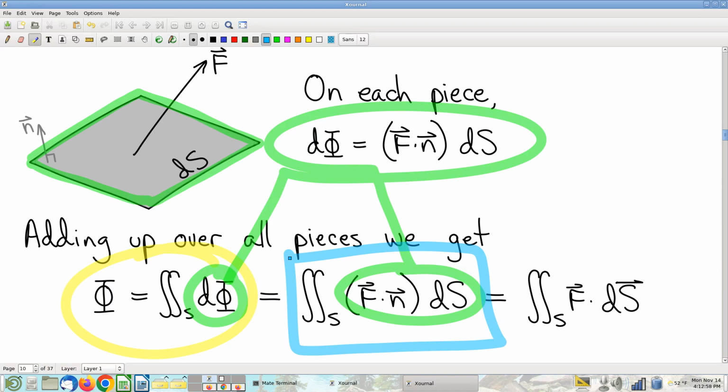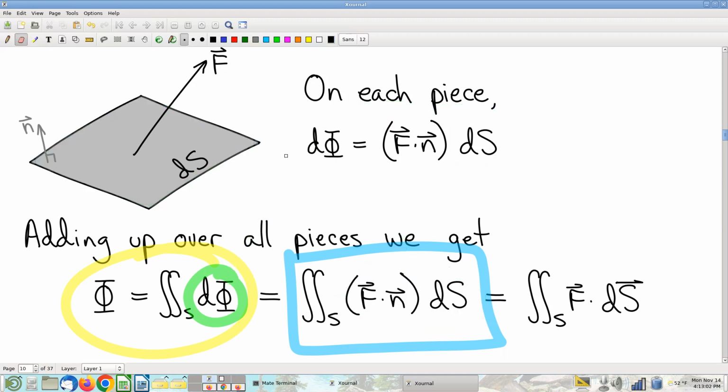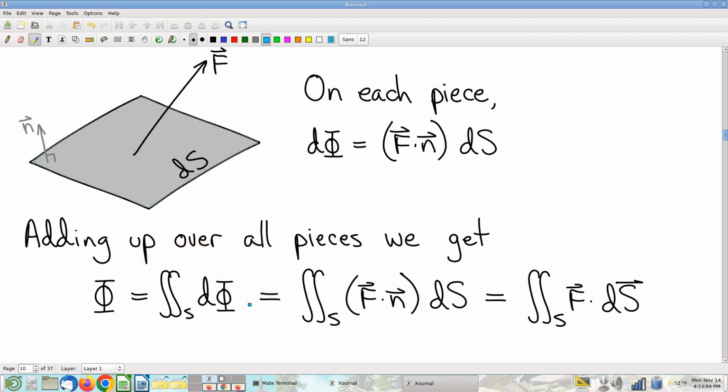Okay. Now, there's one last little thing I want to say about this, and that is a notational point, arguably. Let me remind you, when we were doing line integrals, one formula that we had for a vector line integral was this: integral F dot T ds.